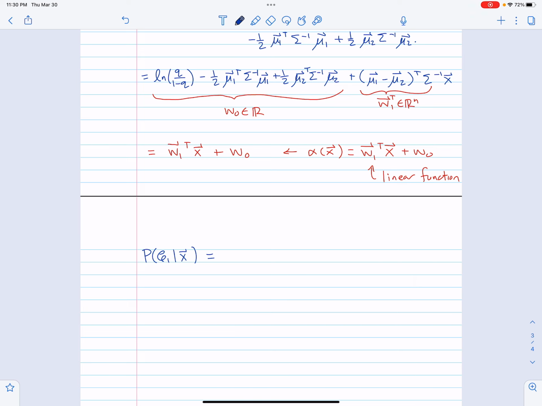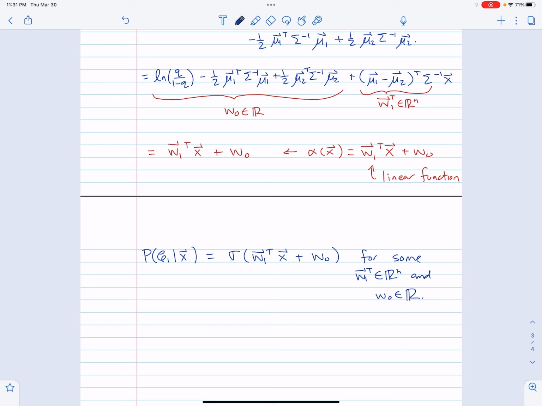But essentially what we've shown here is that the conditional probability of a vector x being in class C1 is just given by sigma of W1 transpose times x plus W naught, for some W1 transpose in Rn and W naught in R.